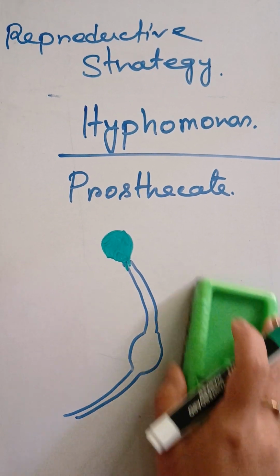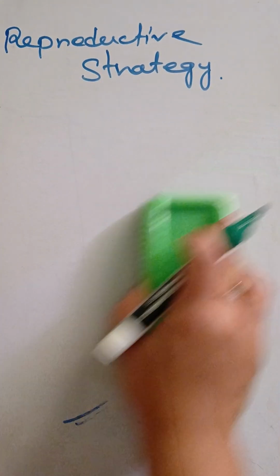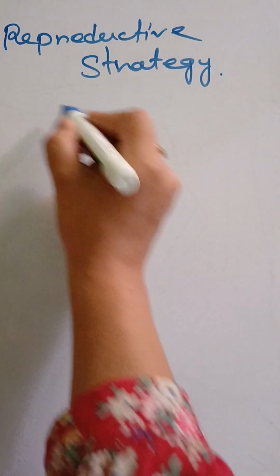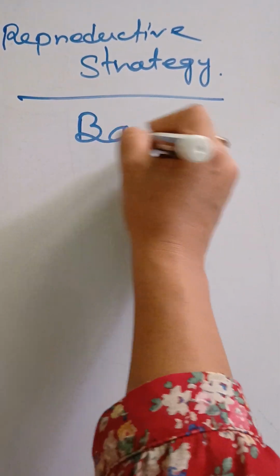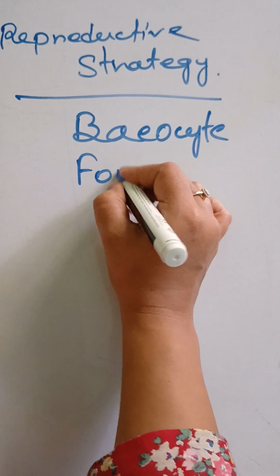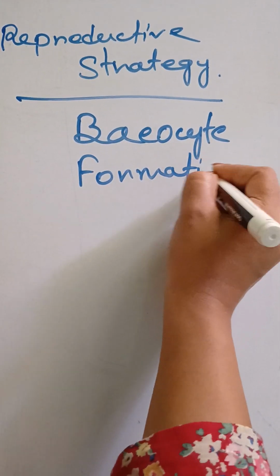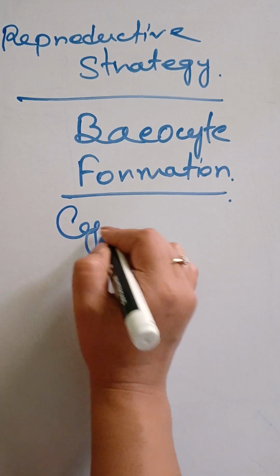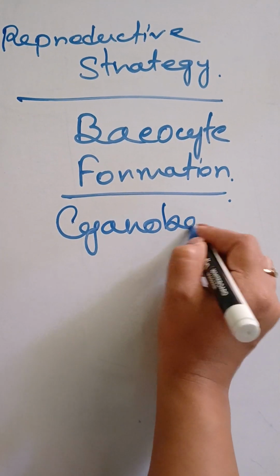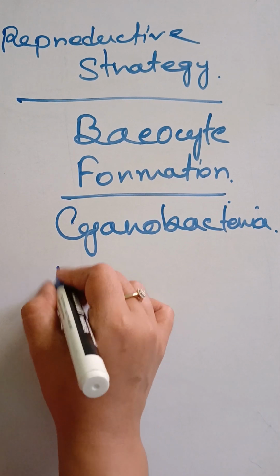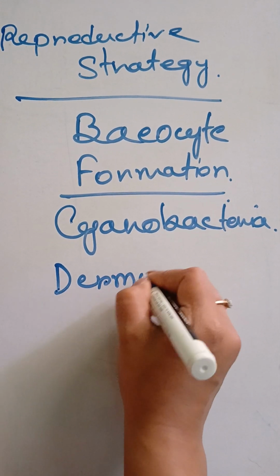This is another type. Another one is known as the baeocyte formation process, and this is usually followed in the case of cyanobacteria like Dermocarpella.